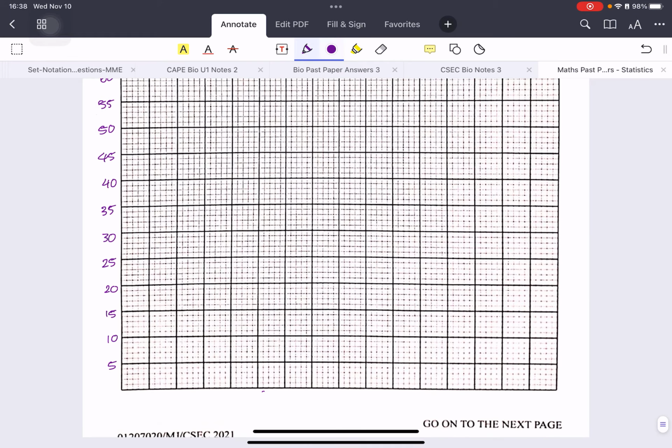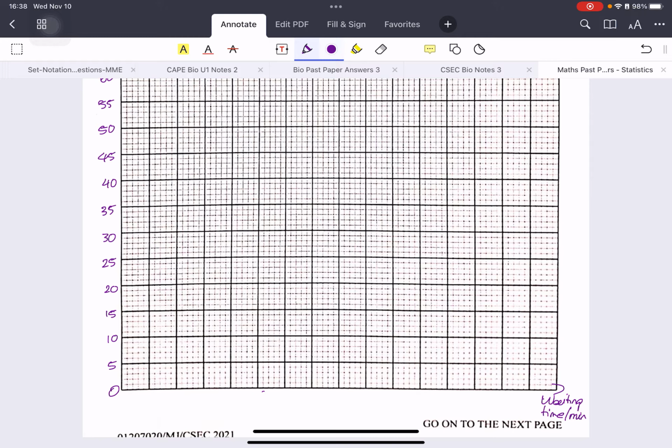And our horizontal axis is going to be our upper class boundaries, okay? But we can't label it upper class boundaries. This is actually the time that the student's waiting, right? So we're just going to label it waiting time, in minutes, okay?